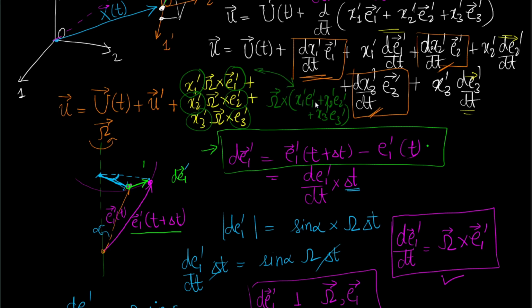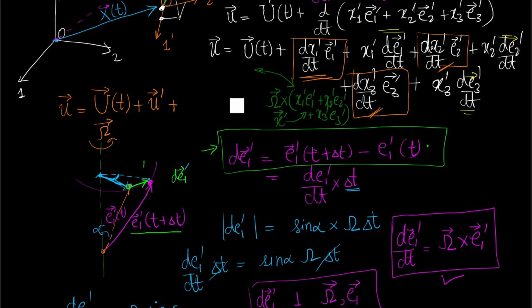And x1 prime e1 prime plus x2 prime e2 prime plus x3 prime e3 prime is nothing but the x prime vector in component form. Therefore, this entire term may be simplified simply to omega cross x prime.